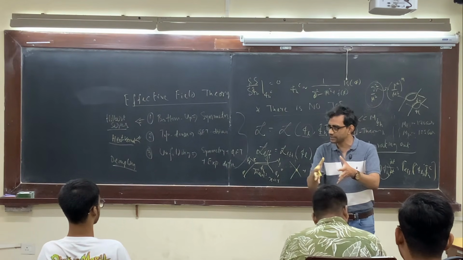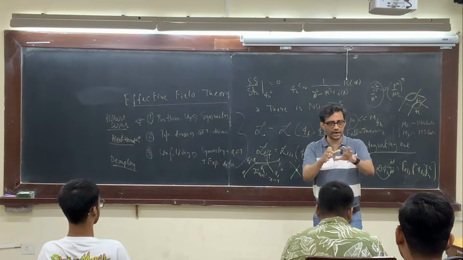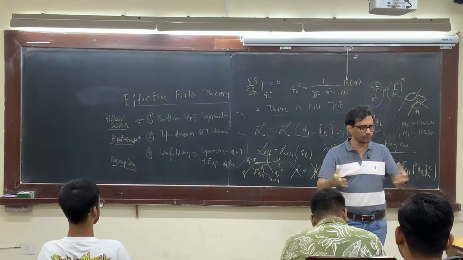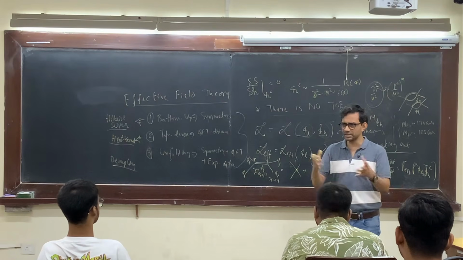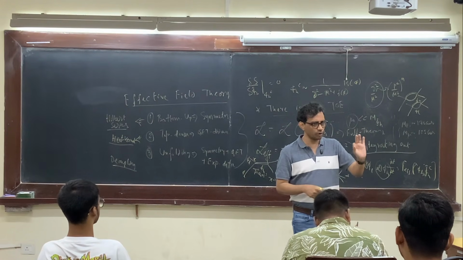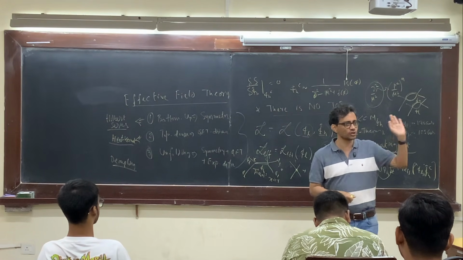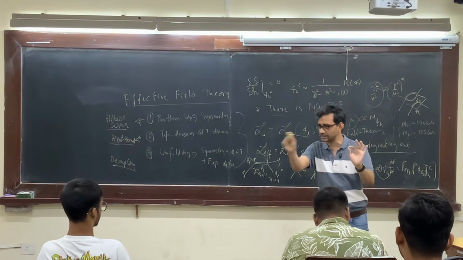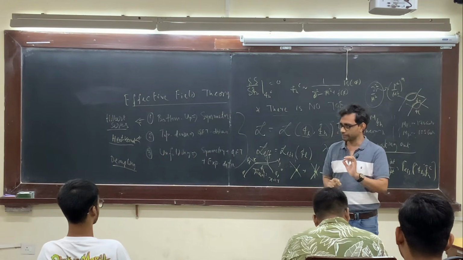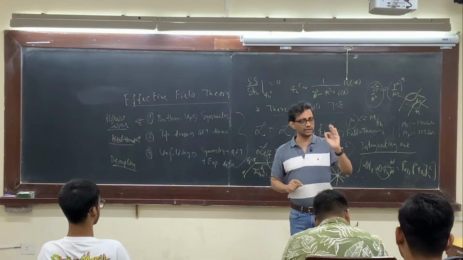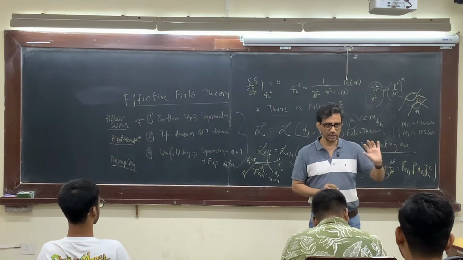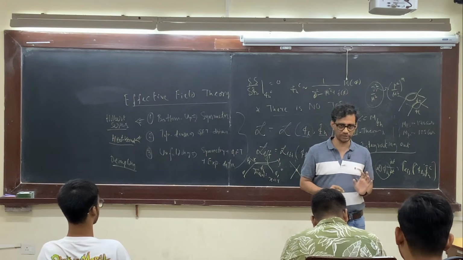We add those operators, we perform the fitting and all those things. There are a lot of new methods coming in, ML and AI, Bayesian methods. But at least we know the size of those Wilson coefficients from the fitting. Fine. So your experimental colleague gives you, for this operator, if you fit against this operator, this is the size of the Wilson coefficient.